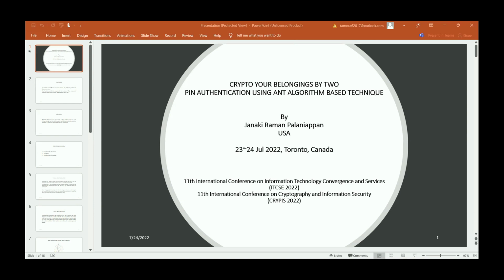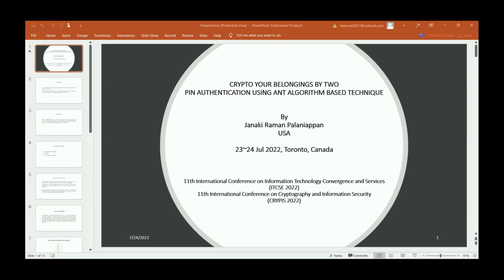The symmetric is nothing but the sender and the receiver having the same key to encrypt and decrypt, whereas the asymmetric method is a key pair based technique, where the sender has a public key and the receiver has a private key.